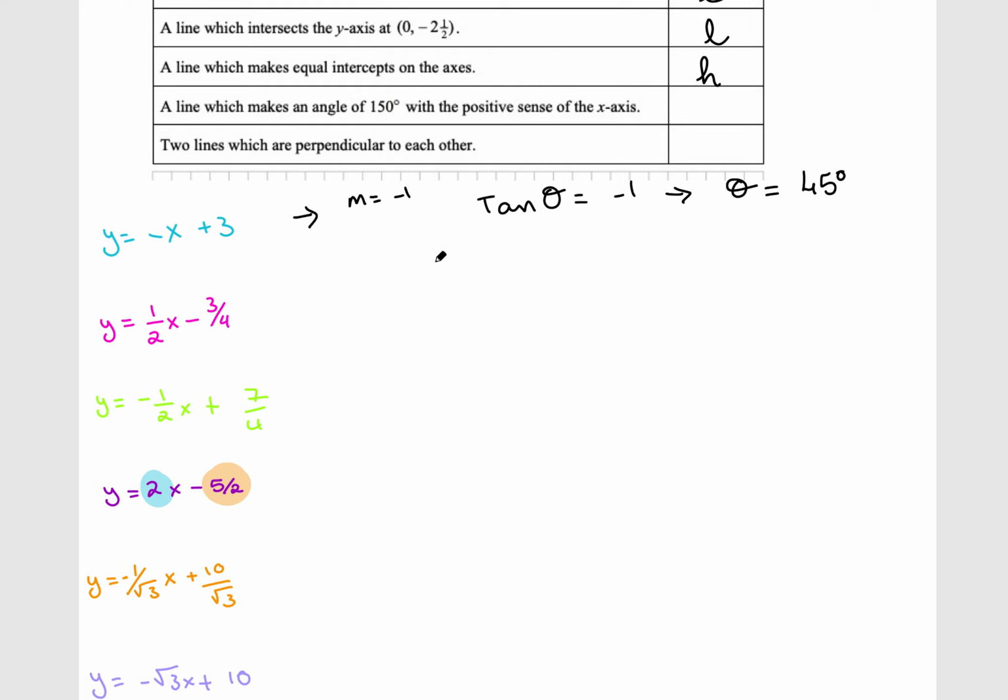If we do the next one, tan alpha is equal to 1/2, so tan of the angle is 0.5. Tan inverse of that gives us 26.56 degrees. Still not quite what we're looking for.